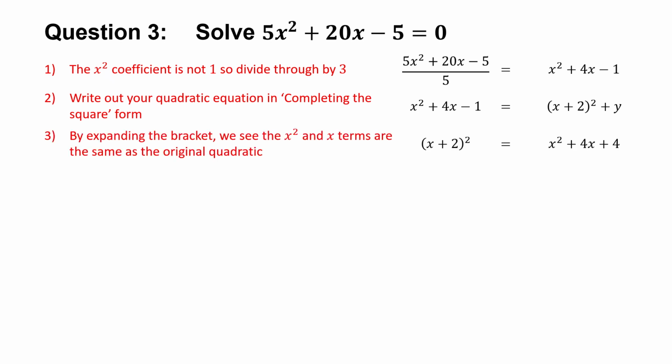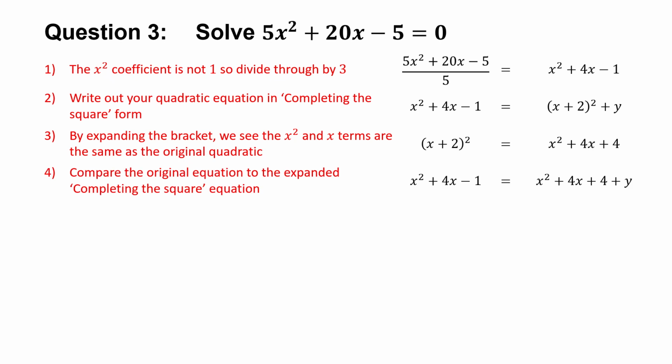When we do this, we're going to get that (x plus 2) squared equals x squared plus 4x plus 4. If we substitute this back into step 2, we're going to get that the original expression is equal to x squared plus 4x plus 4 plus y. So now we can use this to find the value of y by cancelling out these like terms.